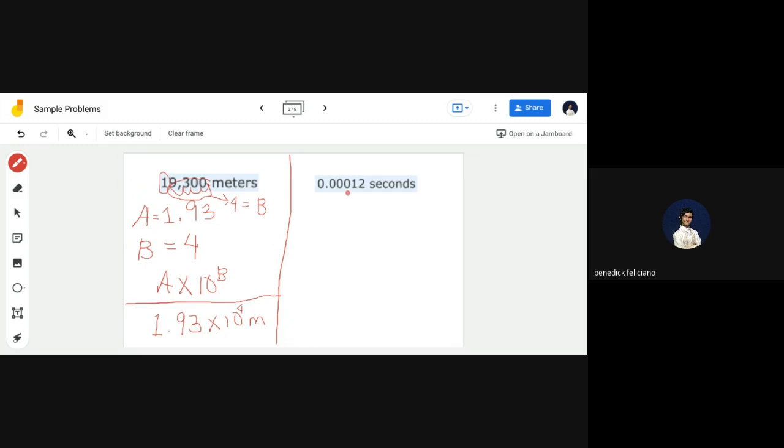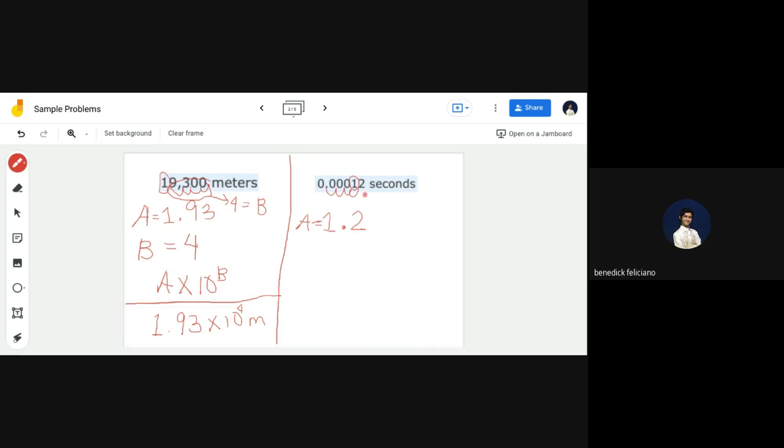So let's now proceed to a very small number. Again, let's find the leftmost non-zero digit, which is 1 again, and then put a decimal place. There we go. So A is 1.2. Next, remember this one. 1, 2, 3, 4.